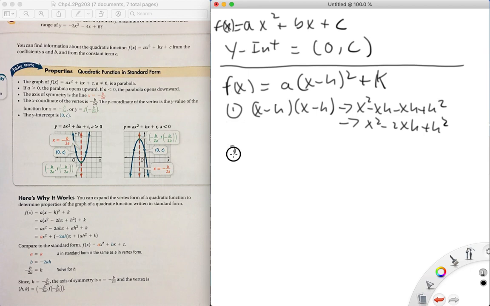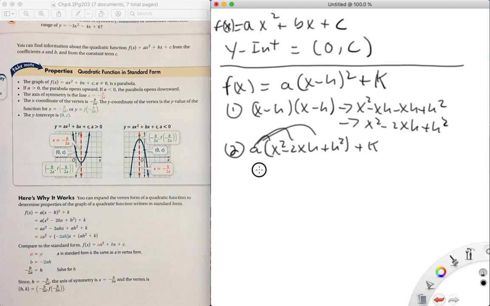That's the first step. Second step, we're going to distribute that across to a. So it's going to be a times x squared minus 2xh plus h squared plus k. So we're going to distribute that a across.